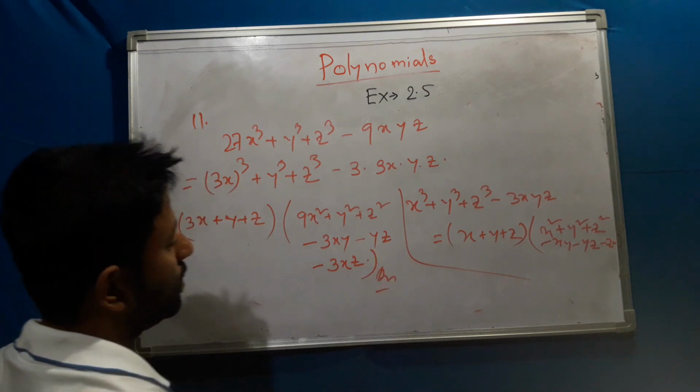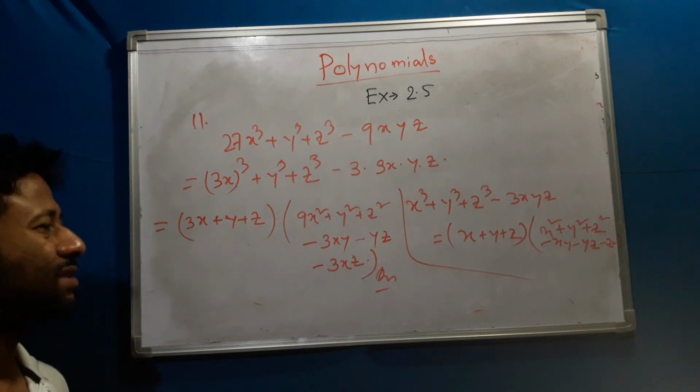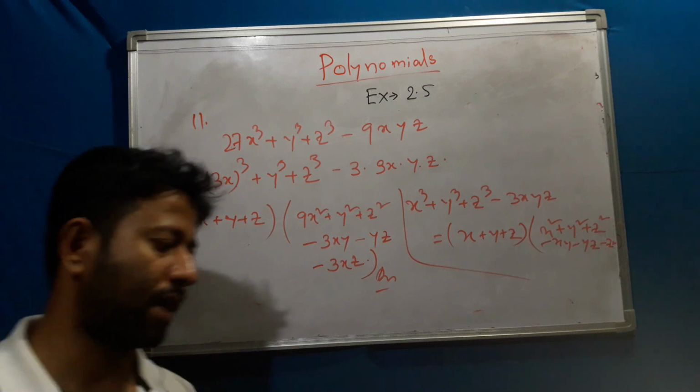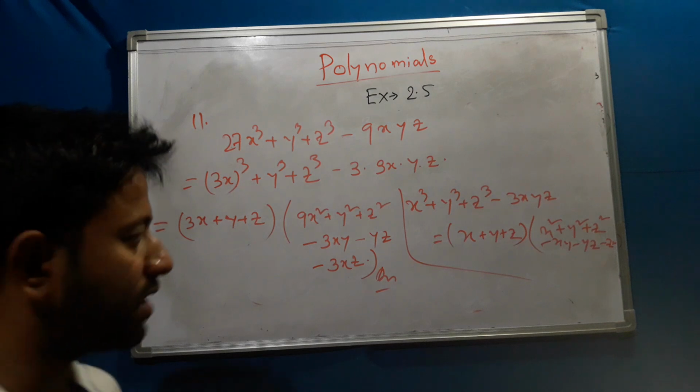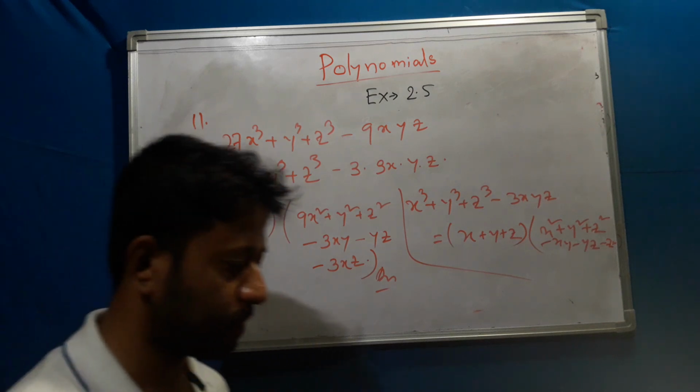So this should be the answer. This is nothing, just remember the identities and put them in, then you will get the answer exactly. These are very basic questions.